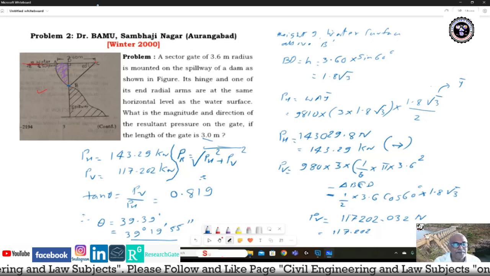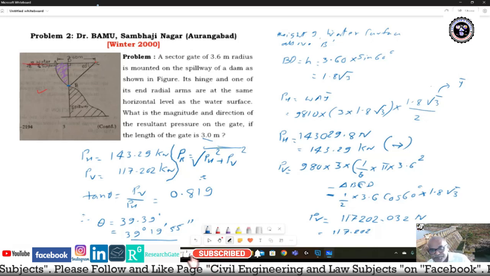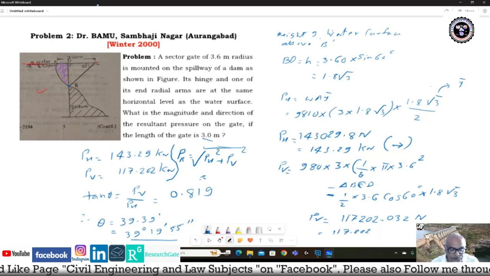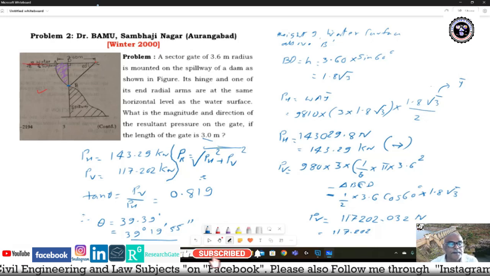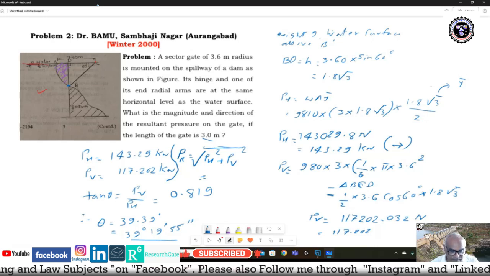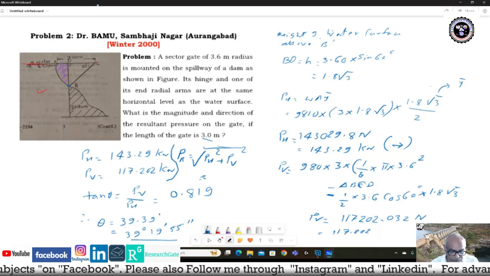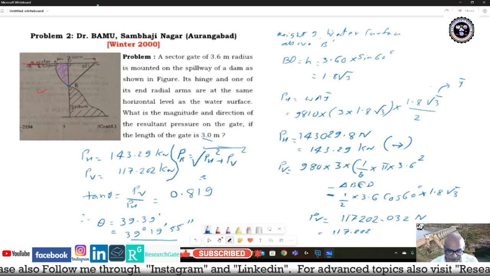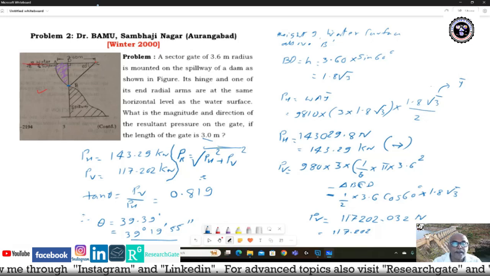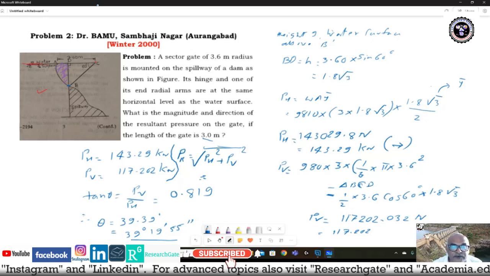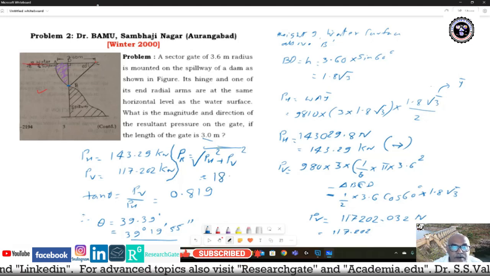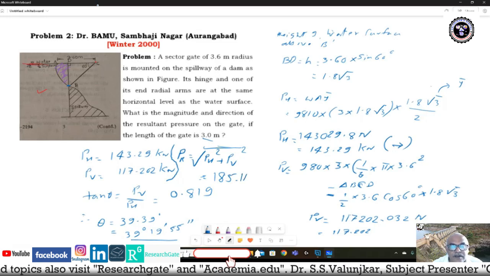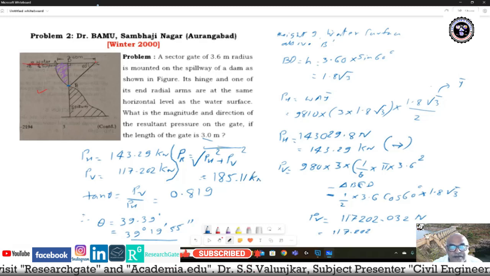Let us work it out here: 143.29 square plus 117.202 square, and we take the square root of this. So that is equal to 185.11 kilonewton, the resultant pressure.